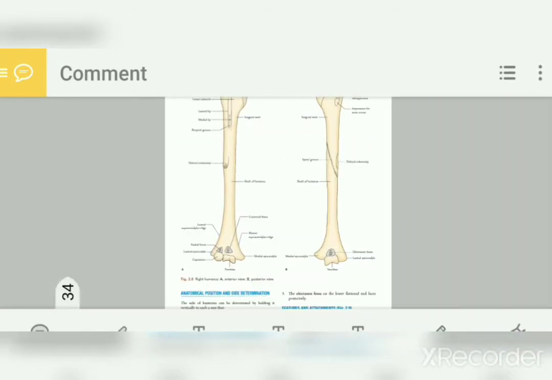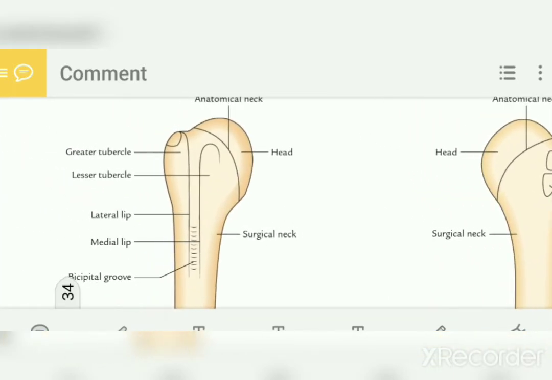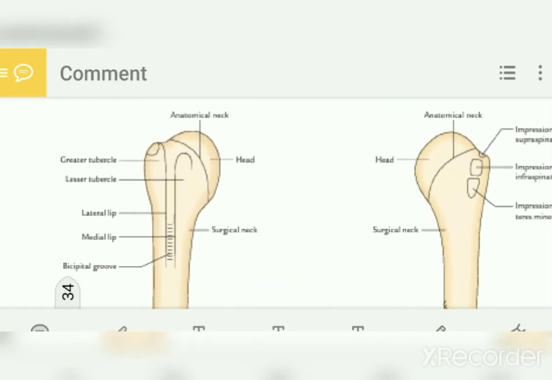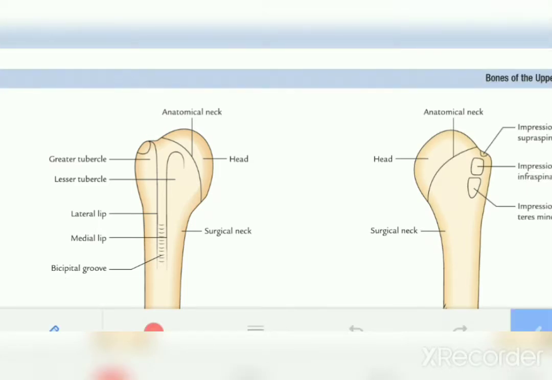Now let's see what these parts of the upper end are. This is a very good picture of the upper end of the humerus. We said the upper end has 5 features. Number 1 is the head. Number 2 is the greater tubercle. This rounded structure is the head, and this elevated part is the greater tubercle.